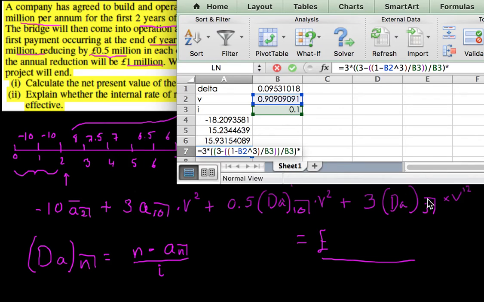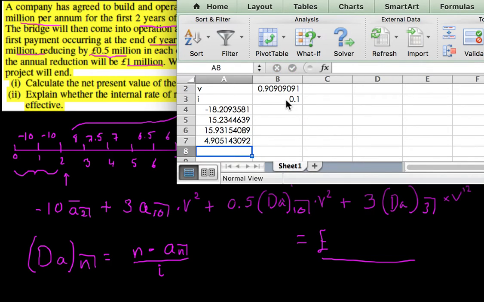Now we've just got to discount it back 12 years, as we can see, to bring it back to present, times v to the 12. Okay, and now I've just got to sum all of this up and see what I get.